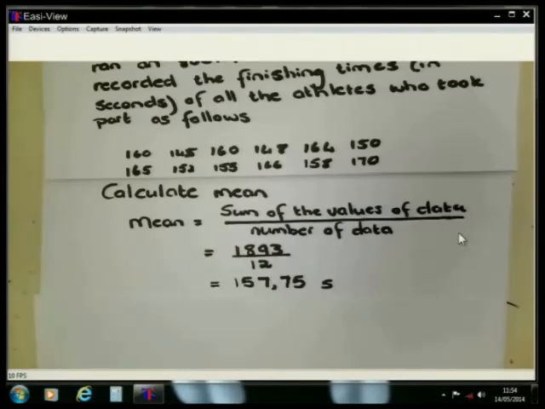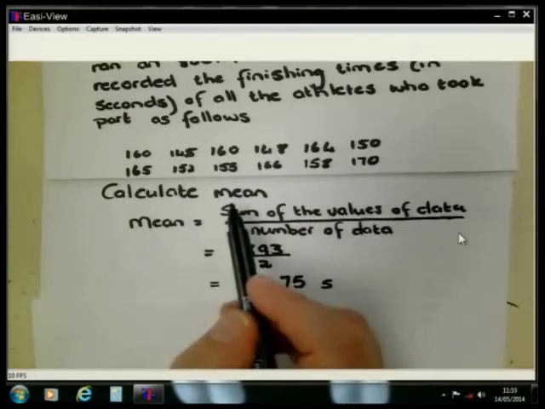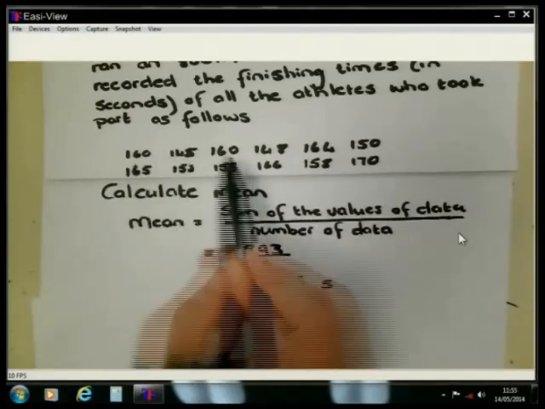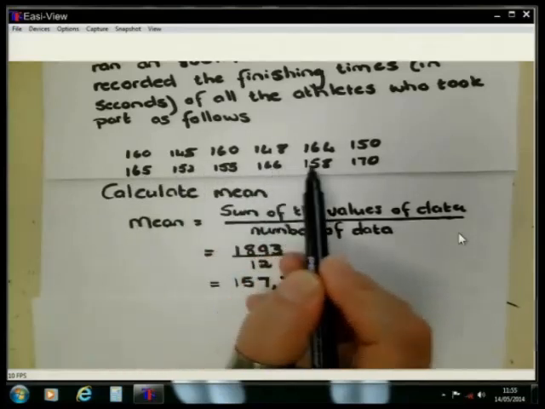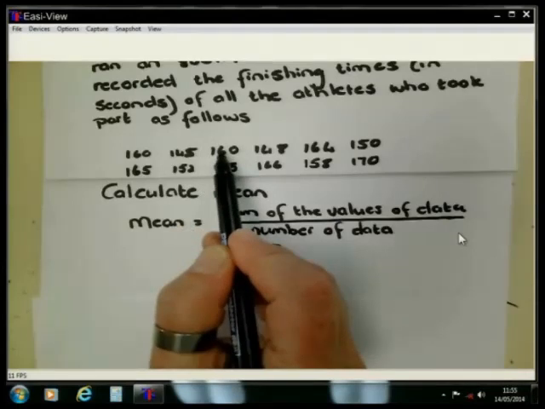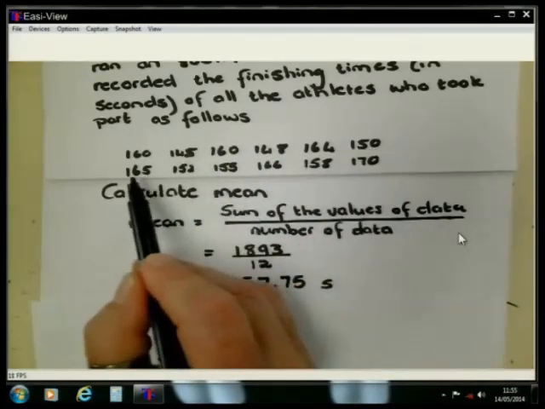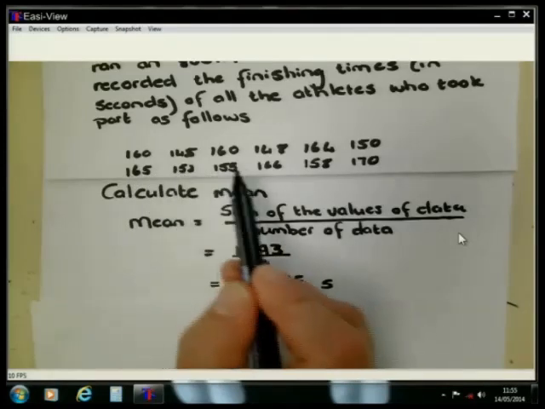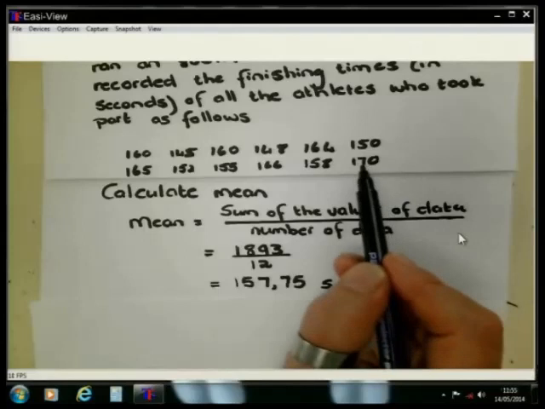Then to summarize, what do we do when we calculate the mean of a set of data? We add the values of each of these data in the set: the 160 plus the 145 plus 160 plus 148, 164 plus 150, 165 plus 152 plus 155 plus 166 plus 158 plus 170.